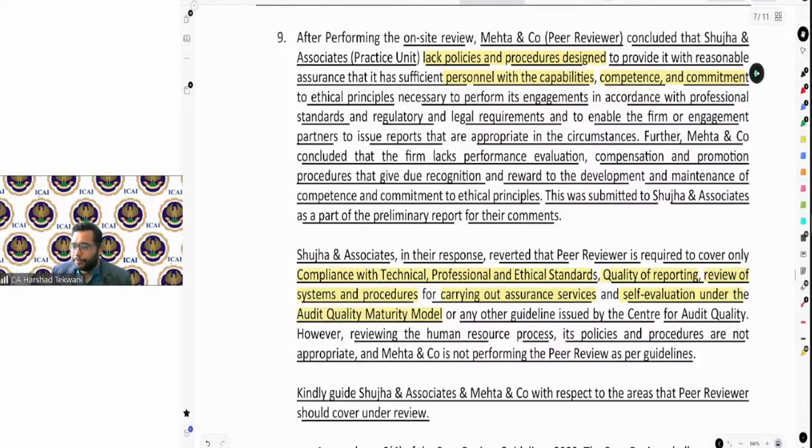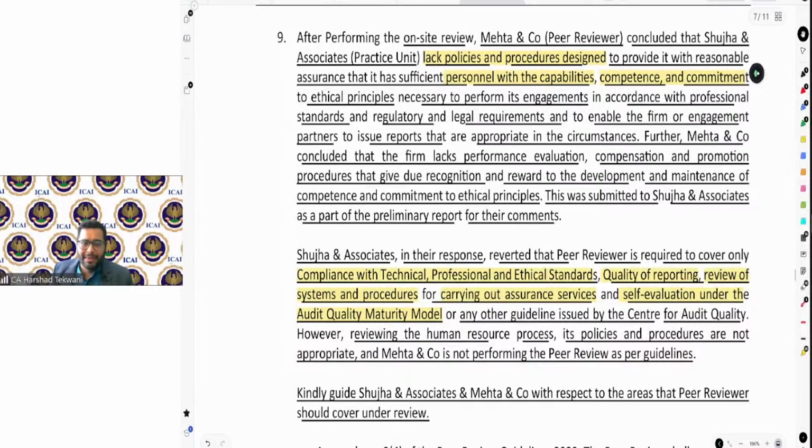Who is correct in the current case? As per you, who is correct?